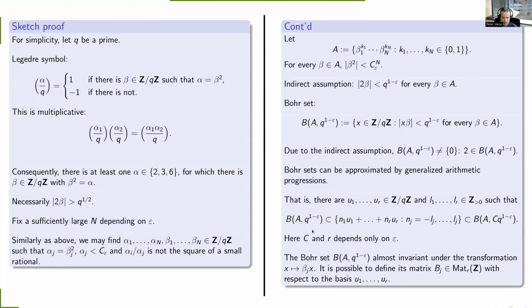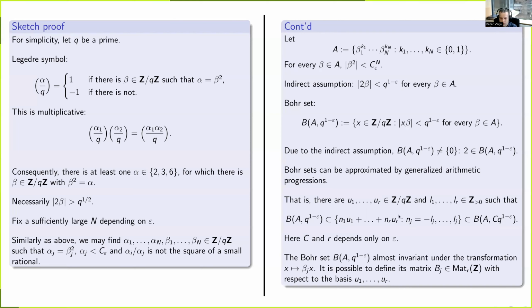If I apply this transformation and I adjust the radius of the Bohr set a little bit, then the image is going to be contained in that adjusted Bohr set. And so what I can do with this is think about this transformation as some action on my generalized arithmetic progression.